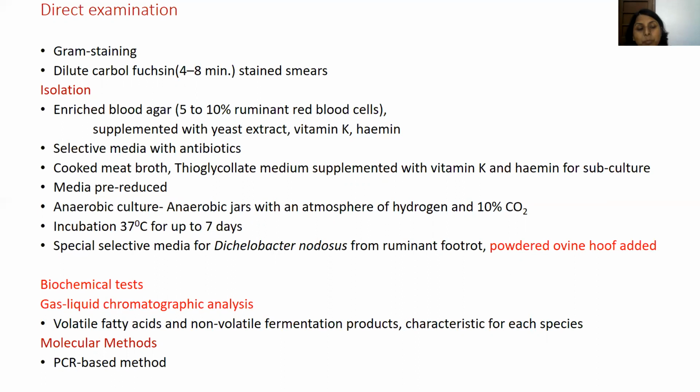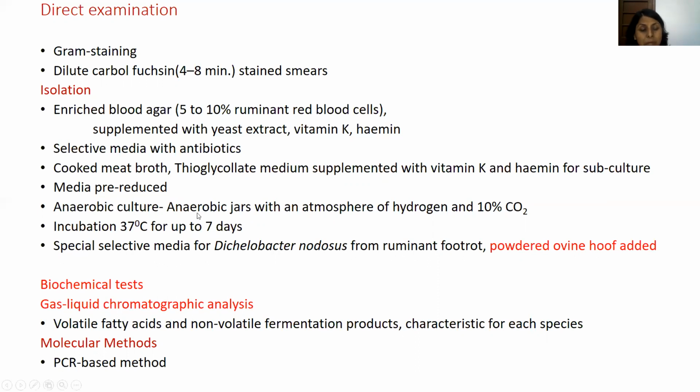Apart from this, cooked meat media, meat broth, and thioglycolate medium supplemented with vitamin K and hemin for the subculture are used, and these media should be pre-reduced to expel any oxygen present in the media.